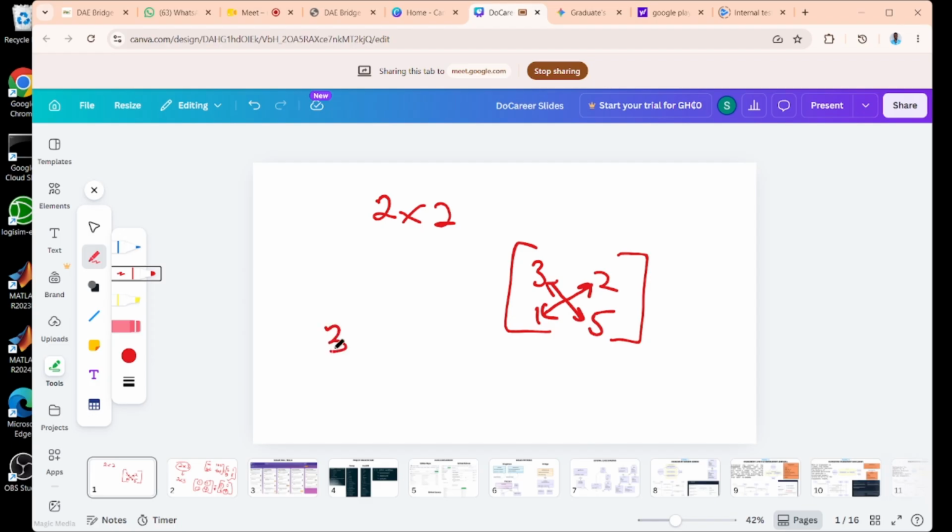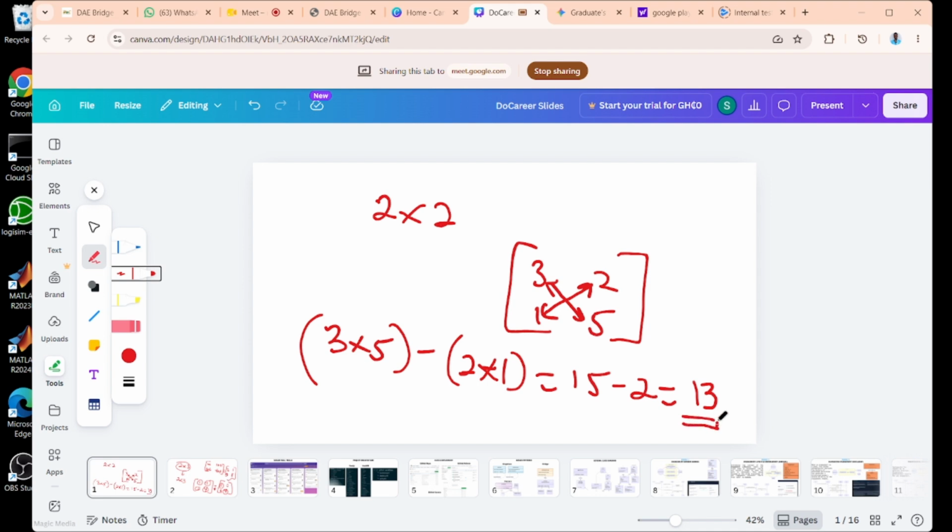So that will be 3 times 5 minus 2 times 1. The answer would be 15 minus 2, that will give us 13. So for a determinant, we are expecting a value to be given to us.